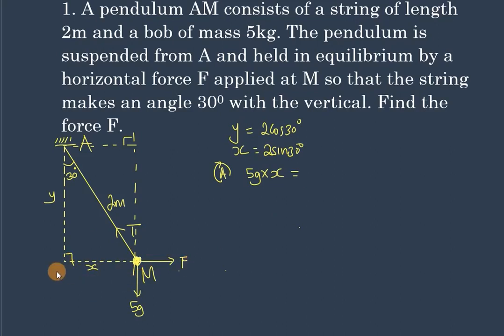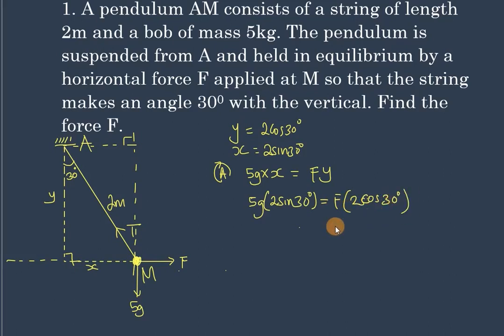Then F is acting along this, and the perpendicular distance of the line of action of F from the point A is y. So we have F times y, and so we have 5g times 2 sine of 30 degrees is equal to F, the one I'm looking for, times y, which is equal to 2 cosine of 30 degrees.